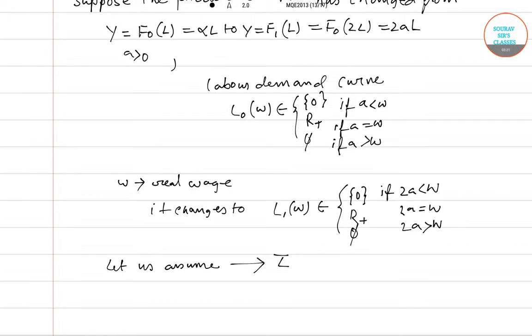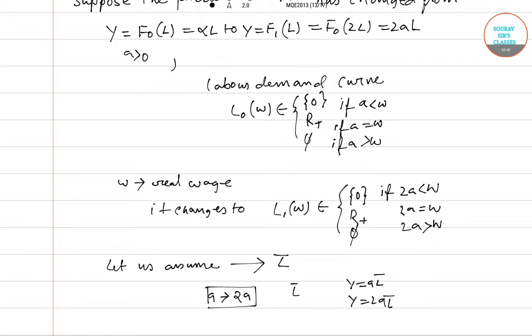Now solving for the equilibrium in the labor market, we get that the real wage has changed from A to 2A, but equilibrium employment remained as L bar in both cases. Therefore the aggregate supply curve has shifted from y = AL bar to y = 2AL bar.